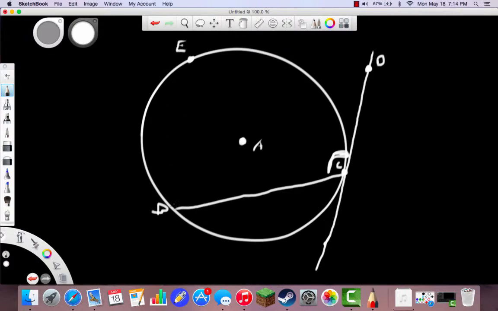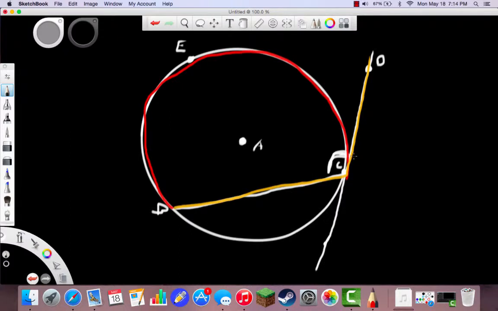So really we see that it intercepts this entire arc here. It intercepts the whole thing all the way around, right? From point B to E to C. That's what it intercepts. And this is the angle right here. And this is what we're trying to find. Well, how?